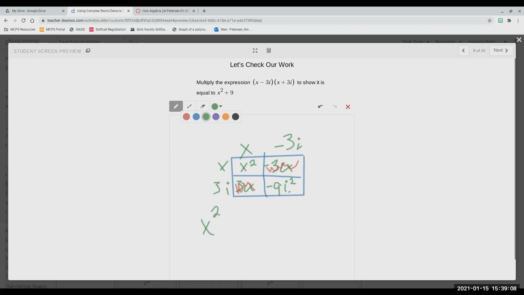So then I get left with -9i squared. And like we talked about before, that i squared is just going to change the sign, so it is x squared plus 9. So yeah, we just verified that yes, indeed, x minus 3i times x plus 3i is in fact the factored form for the quadratic.